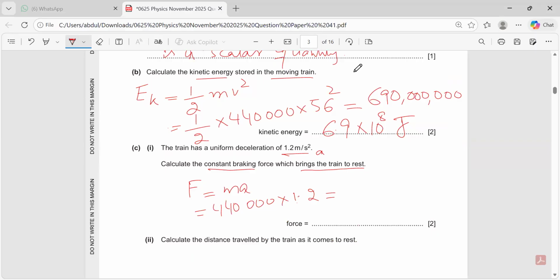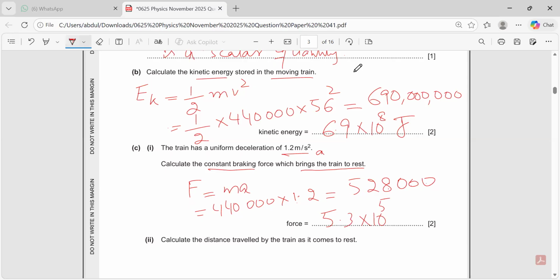So dear friends, 440,000 times 1.2, and we are getting 528,000. So I can write it 5.3 times 10 raised to the power 5, and it will not be joules, it is a force. So it will simply be Newton. Don't forget to write the correct unit with the final answer.